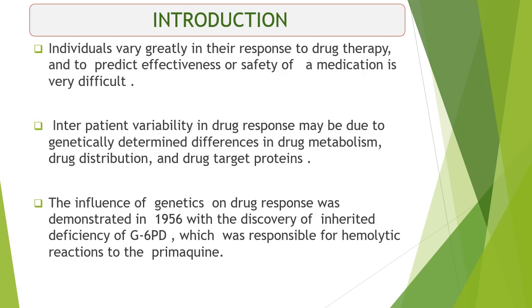Introduction. There is a great person-to-person variation in the response to drug therapy, and to predict the effectiveness or safety of a drug is very difficult. Interpatient variability in drug response may be due to genetically determined differences in drug metabolism, drug distribution, and drug target proteins.